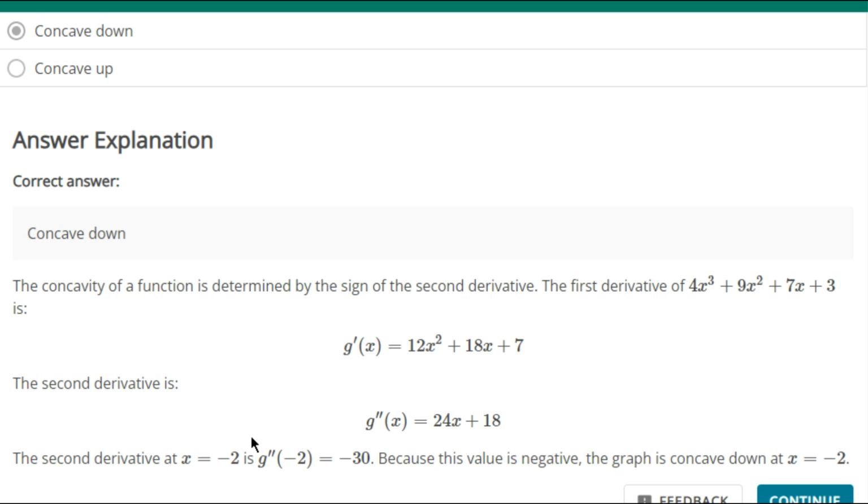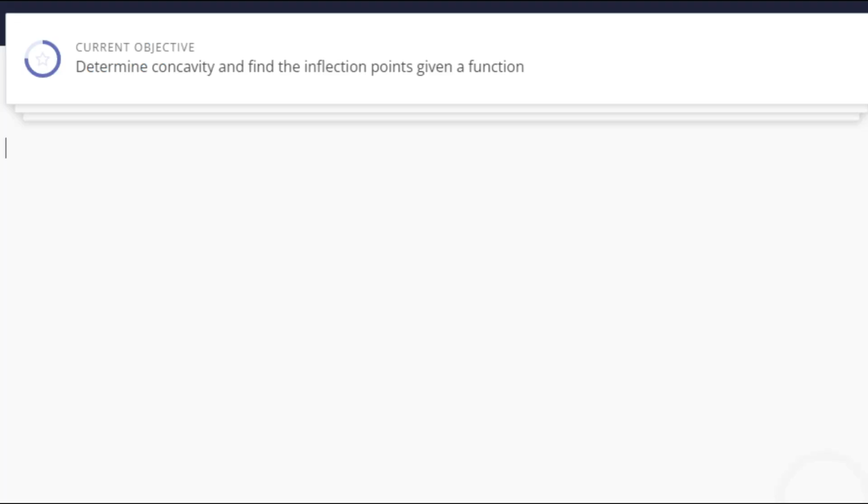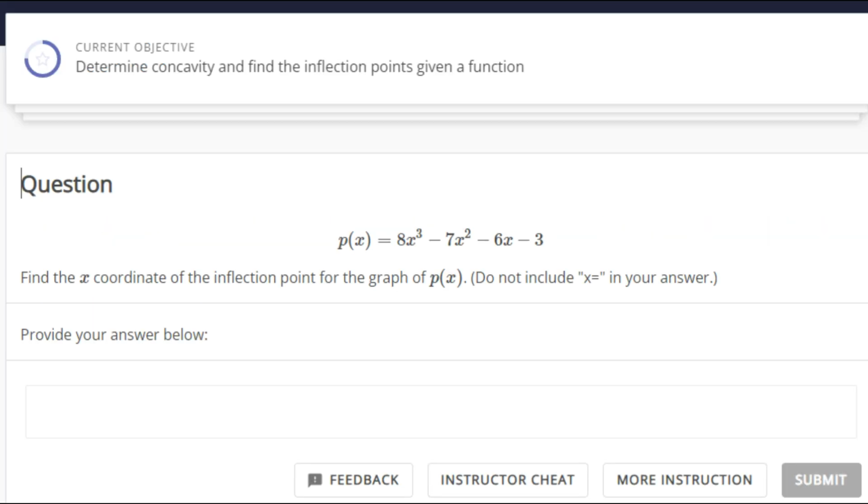I don't like to do that because I don't actually care if this number is -30. I only care that it is negative. And I can figure that out without having to explicitly find the number.